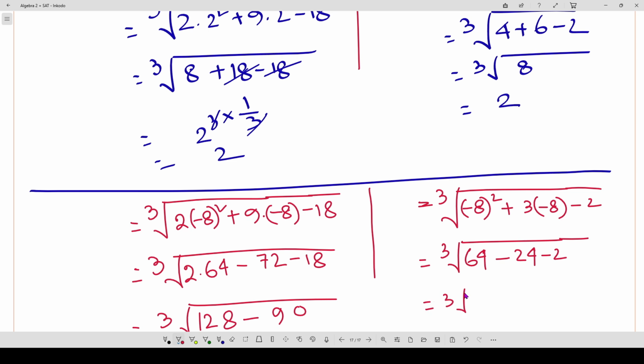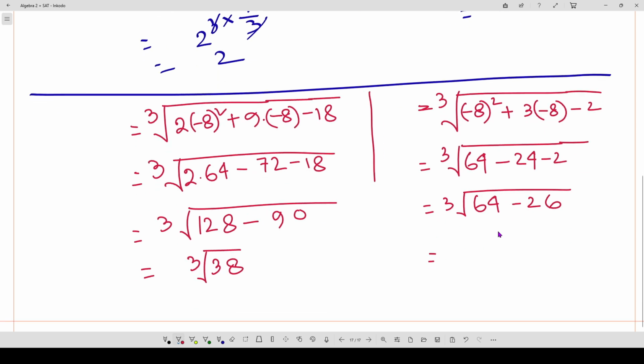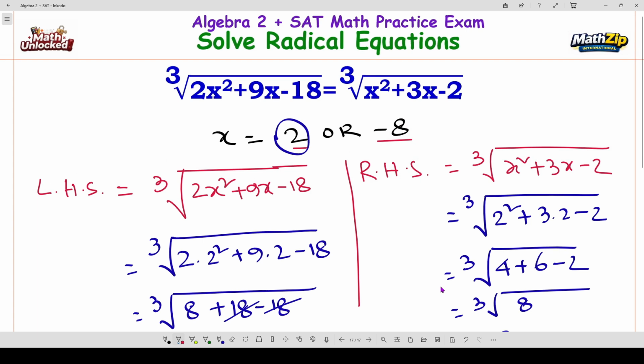So the cubic root here is 64 minus 26. Okay, then here it is also the same thing, the cubic root of 38. So both are the same. In this case we can say our required answers, x equals 2 and −8, are perfect.